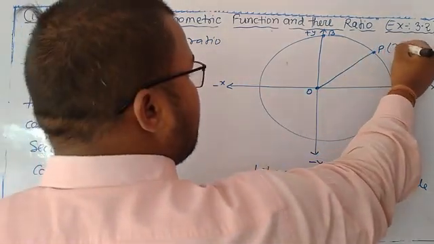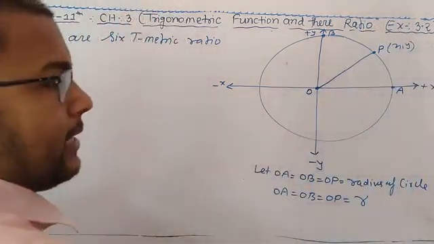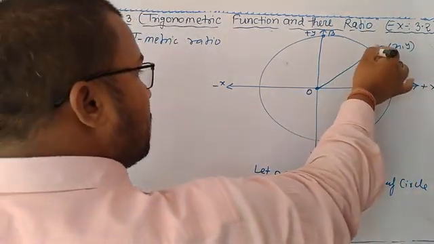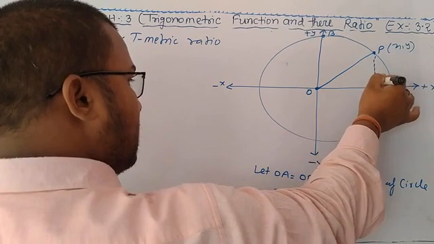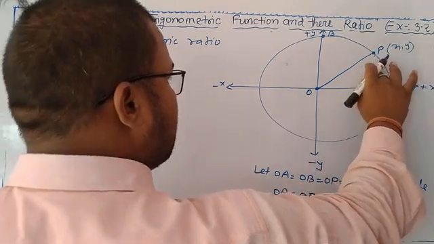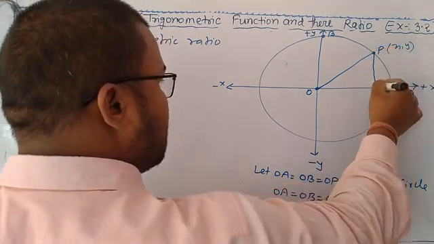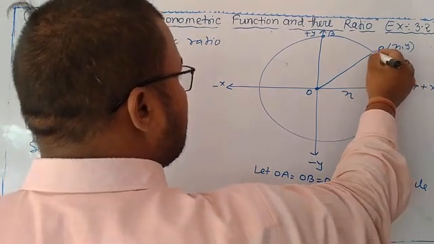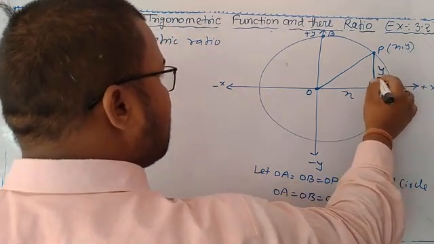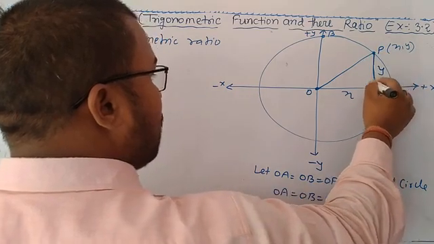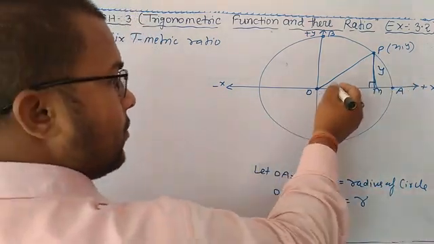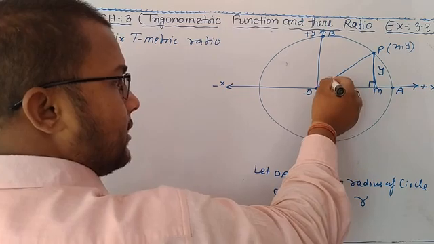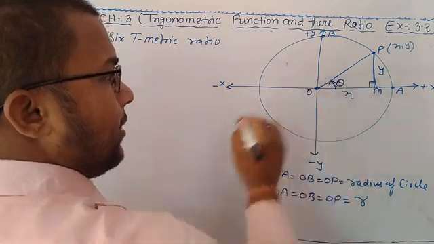Suppose the point P lies in the first quadrant XY. The abscissa distance is X and the ordinate distance is Y. PM is perpendicular to the x-axis. The angle between the x-axis and the line OP is theta.